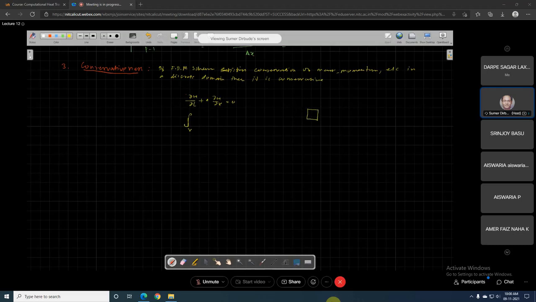Suppose I am discretizing this domain into volumes and I'm focusing on this particular small volume dV, with this control surface S. Then the volume integral of del u del t dV plus the volume integral of a del u del x should be 0.